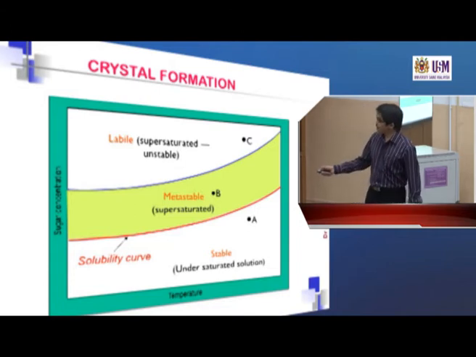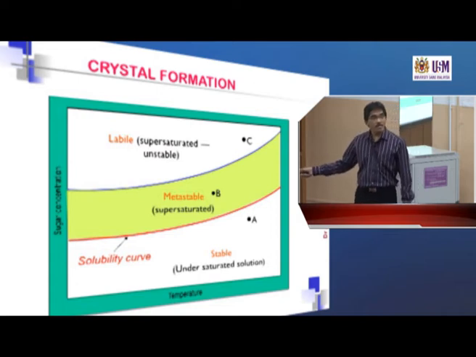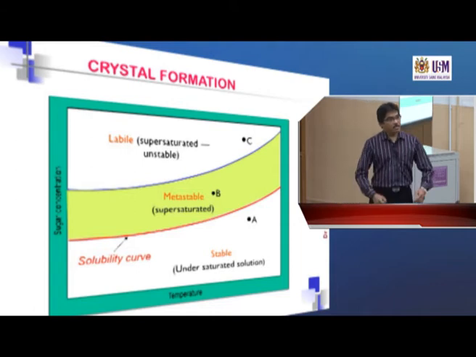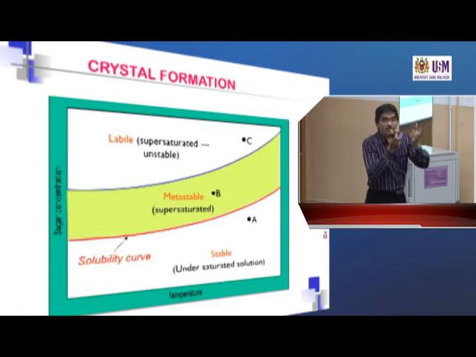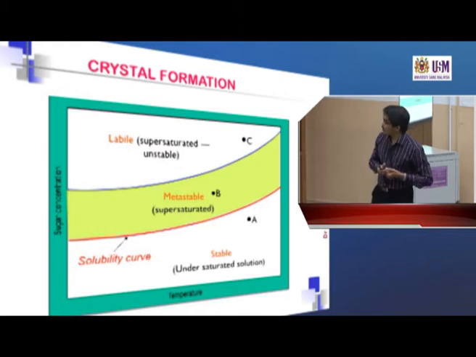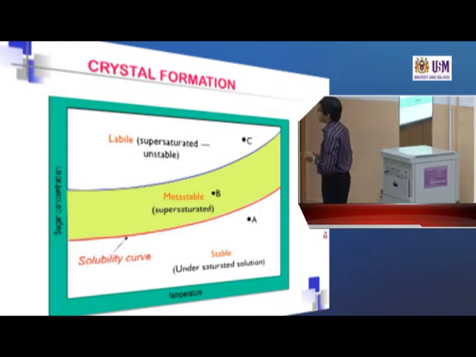Then we can see the line always goes up, meaning that the solubility at higher temperature is always higher than the solubility at lower temperature. When the temperature of the solution is higher, it can take more solutes.